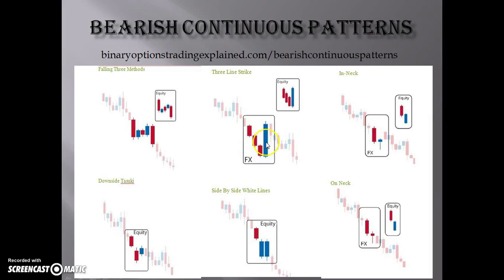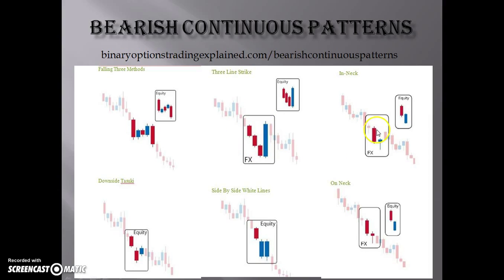Then a bullish candlestick forms. Now this bullish candlestick opens at the closing price of the last bearish candlestick, but closes above the opening price of the first bearish candlestick. Once this forms, it indicates that the existing downward trend is going to continue in that same direction. So that is what this pattern also does.